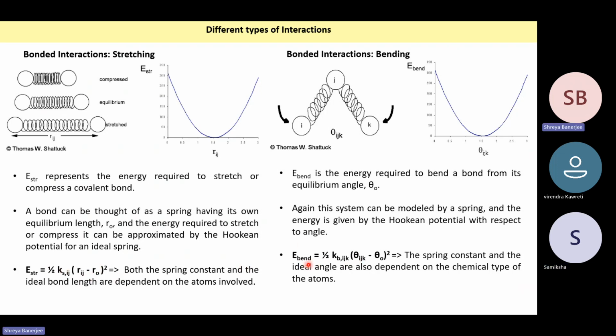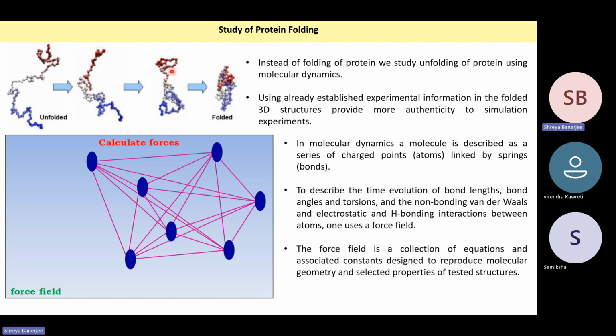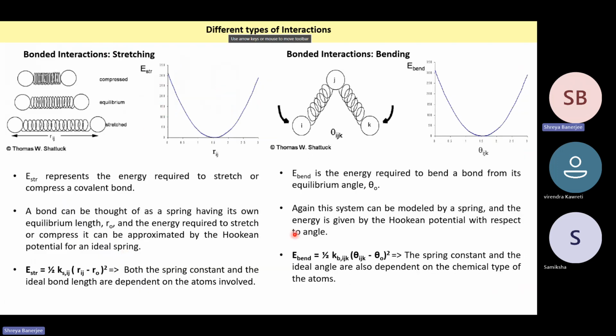When a molecular dynamics simulation is happening, you are going from folded to unfolded. The bonds are stretching and the angles are changing. So you have to calculate the total energy. There are 3-4 more energy terms, and you add up all the energy terms to get the total energy.